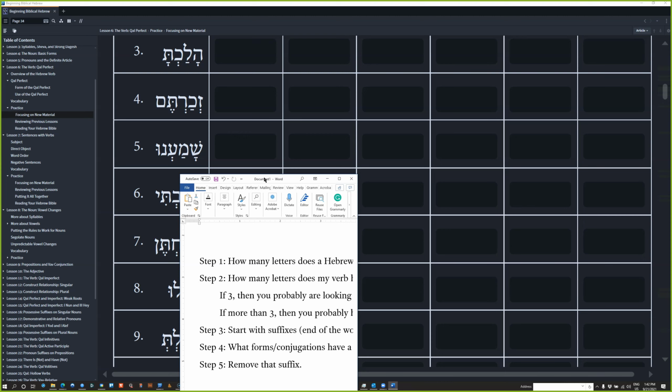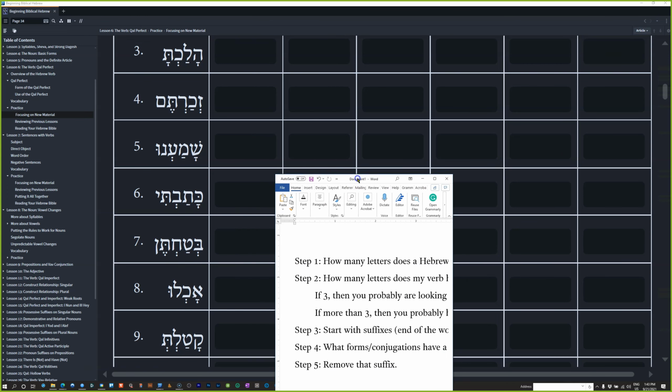I know you want to find the root first, but start by looking for your suffix, and then whatever's left will probably be your root. So I put my root here, shin, mem, ayin, and I've got my suffix, noon shurik. That tells me that it is Qal Perfect 1CP, and I've got all the info that I need there.